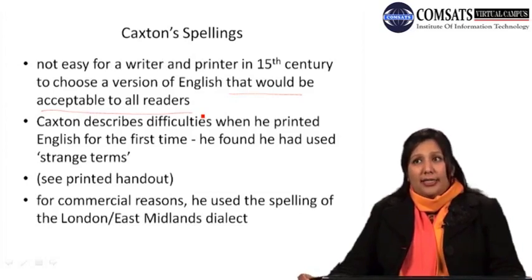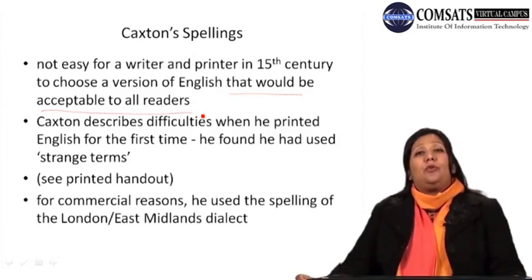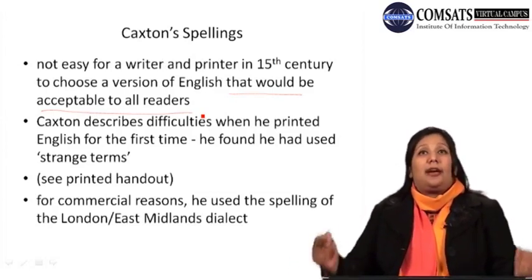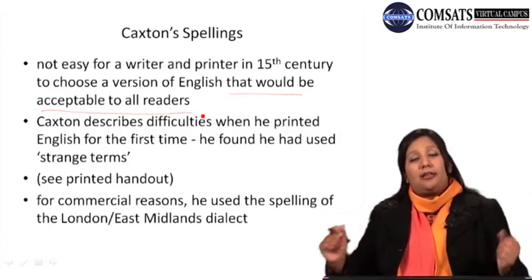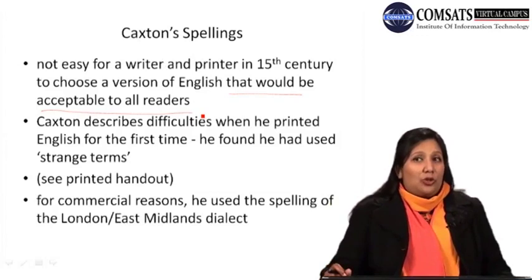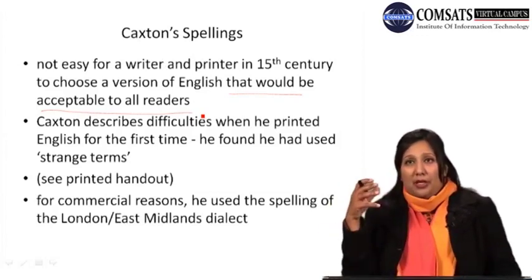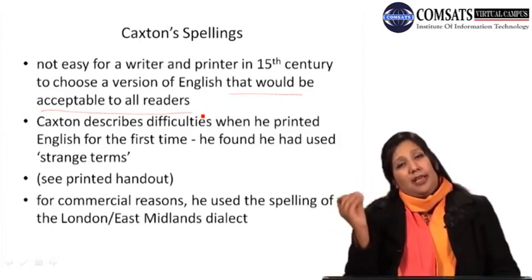Now when we say it was a time of the printing press, it was invented and things started getting published. Now what happened, as you know, is that all the people did not understand the same English.